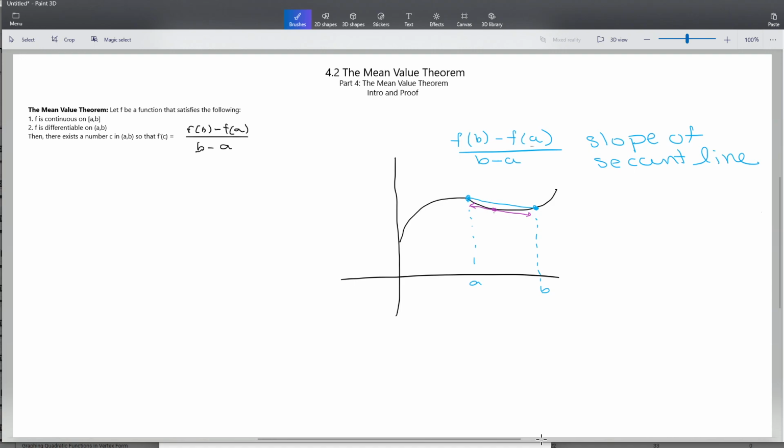So this would be my value C. So this is the tangent line. Okay, so what we're seeing here is that at some point, the secant line and the tangent line are parallel.